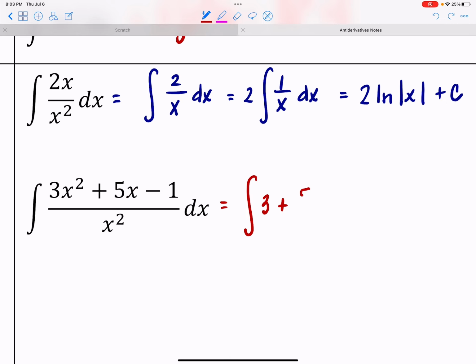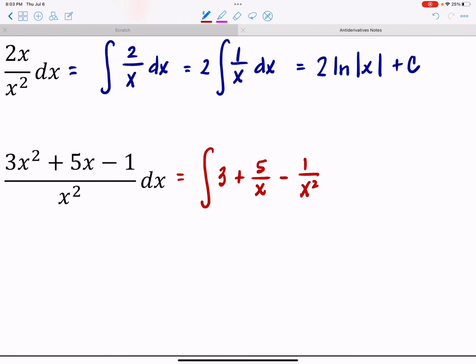So plus 5 over x, and then minus, 1 doesn't divide by x squared either. So I can leave that way, and then this is all technically being differentiated with respect to x.